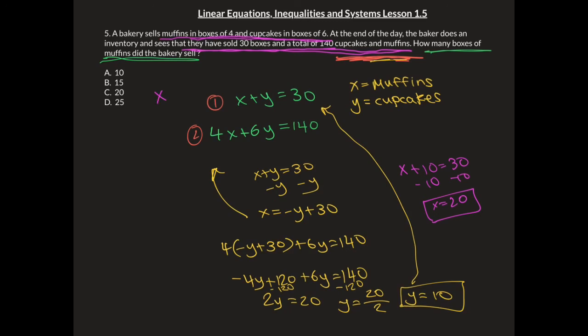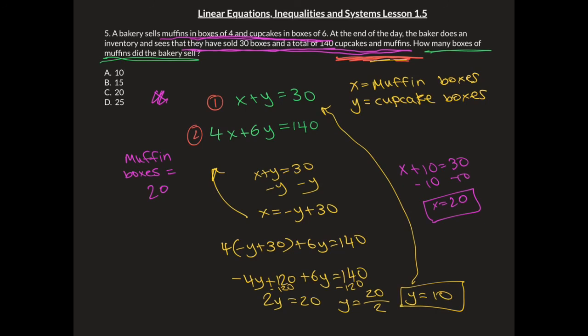And something that may help you understand a little bit more if you're still a little confused is that instead of writing x and y, now looking back, we could have written muffin boxes and cupcake boxes.